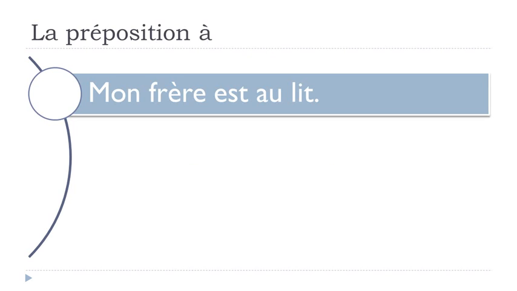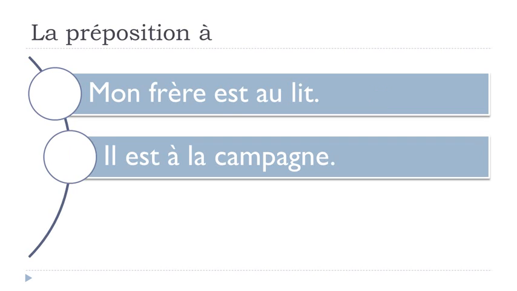The first one: mon frère est au lit. Mon frère, my brother, is au lit, in bed. Lit is bed. Second example, il est à la campagne. Campagne is country, countryside. In that case, we use this preposition à.